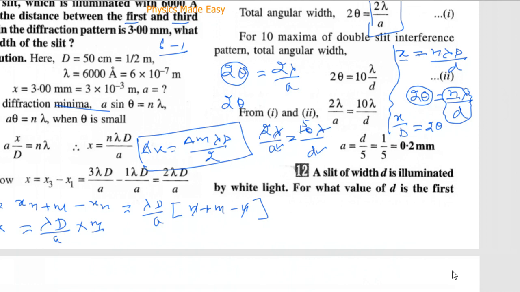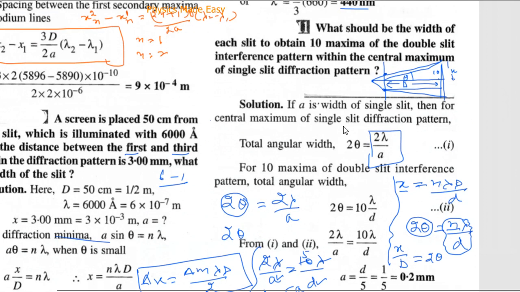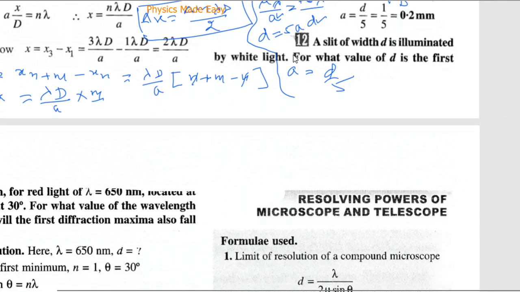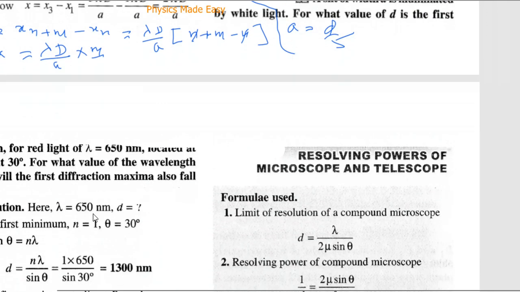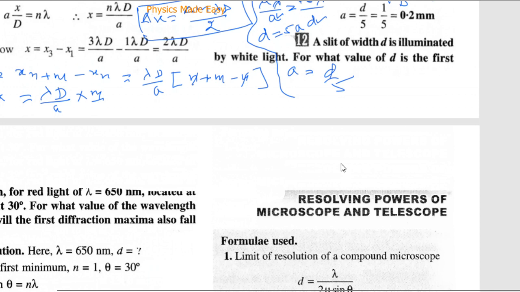Lambda cancels with lambda, and I calculated the value of D to be 5a, or a to be equal to D by 5. This is an important problem, asked twice or thrice in different kinds of examinations. And now let us see the next concept.